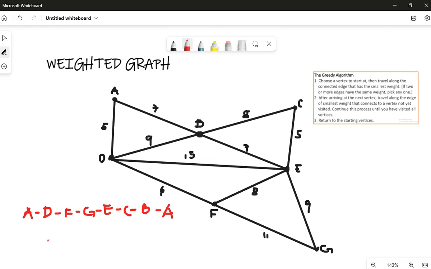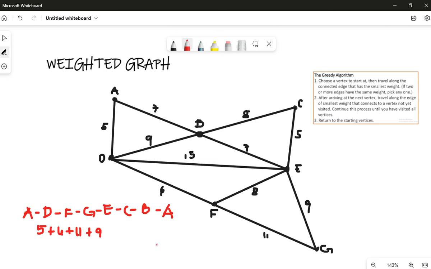From A to D, that is 5. Let us suppose this is the distance. From D to F, that is 6. From F to G, that is 11. From G to E, that is 9.